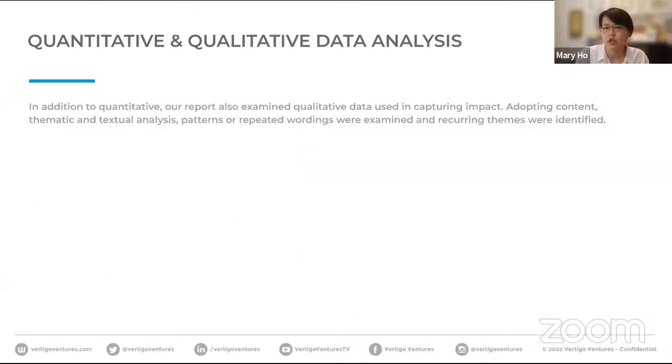The other thing that we look at in this research question is examining the qualitative data used in capturing impact. By adopting content, thematic and textual analysis of patterns or repeated wordings, we examined whether there were any recurring themes.